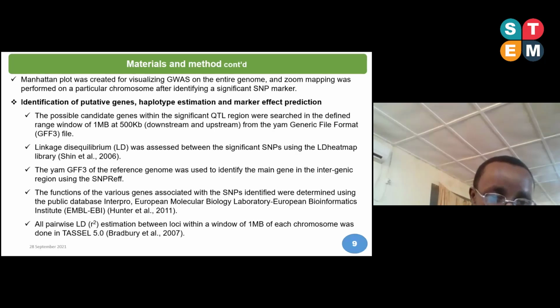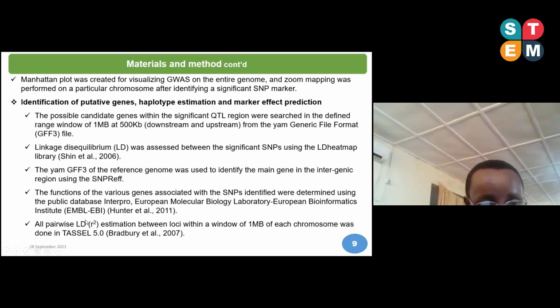This was also done using Shin et al. 2006. And then we also had to use the European Molecular Biology Laboratory, EMBL-EBI, to try to pinpoint the genes, to identify SNPs associated with those putative genes.